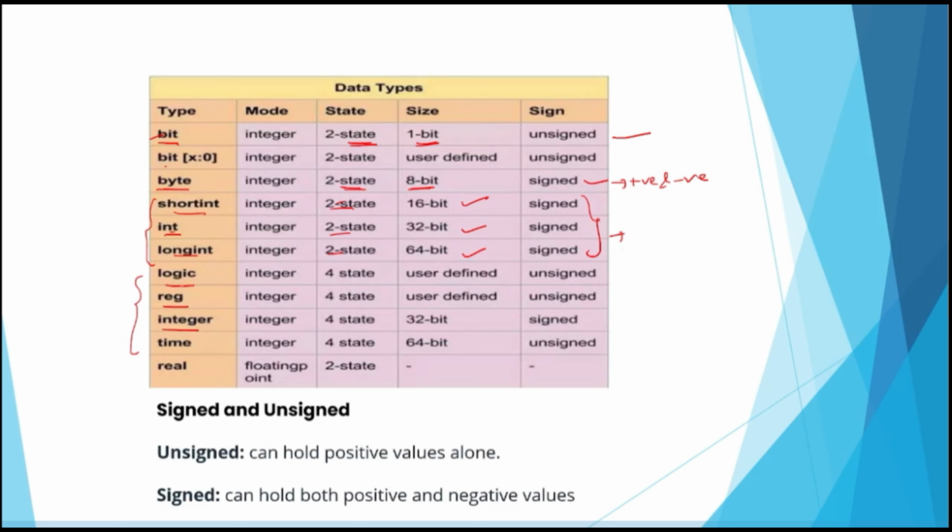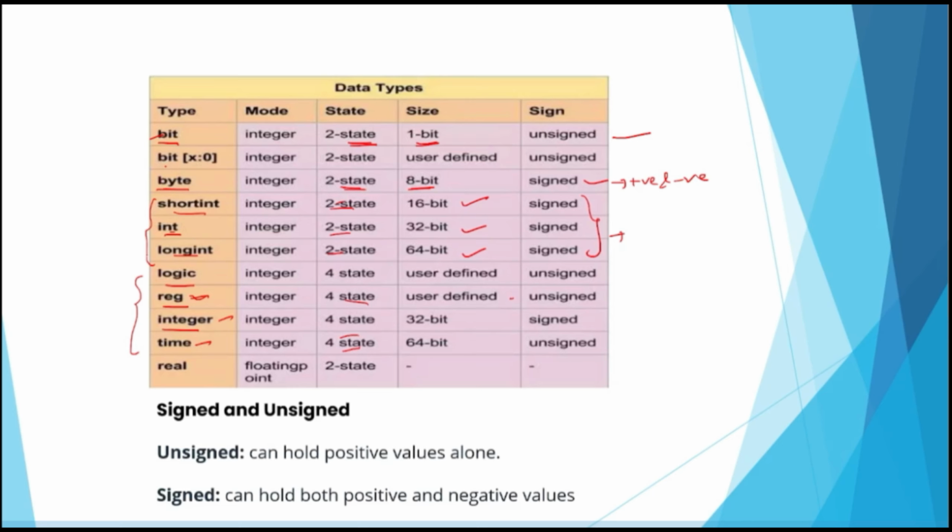You have seen all this in Verilog also. Similarly, whatever you see here like reg, integer, time, these are four-state values, and reg is user defined, meaning you define how big the size is.